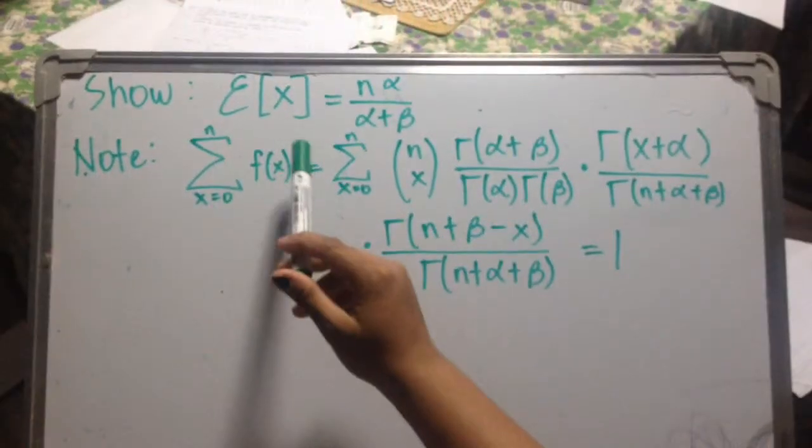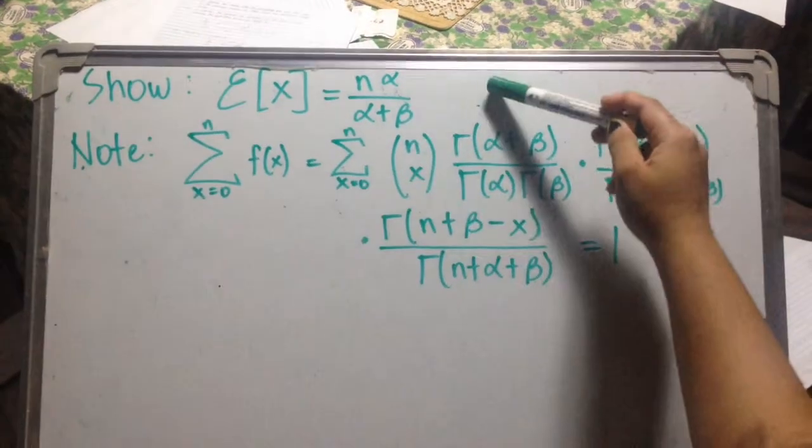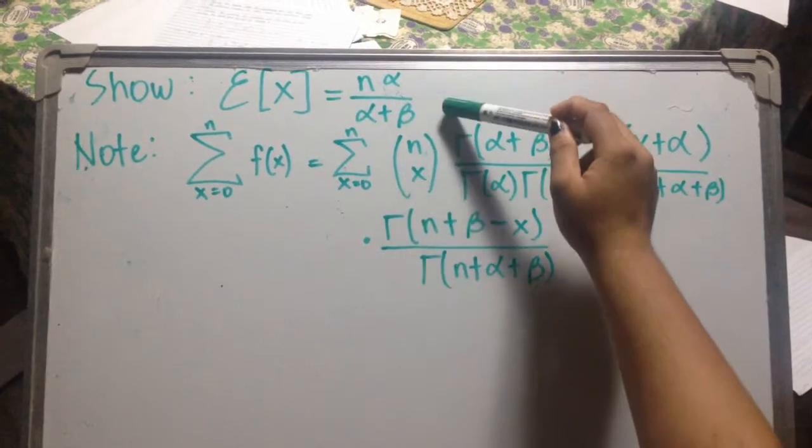Now we are going to show that the expectation of x is equal to n times alpha over alpha plus beta.